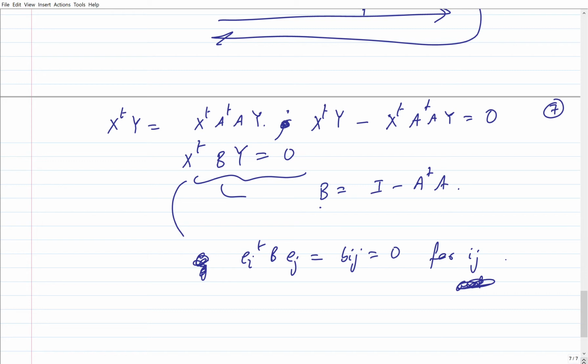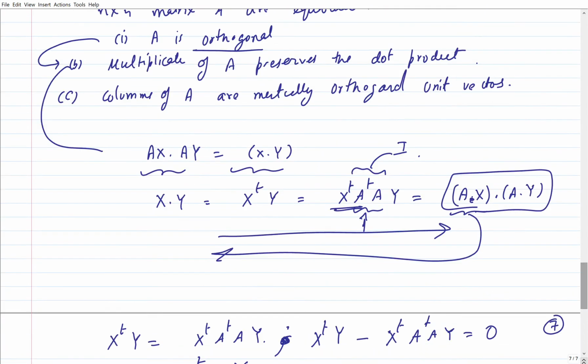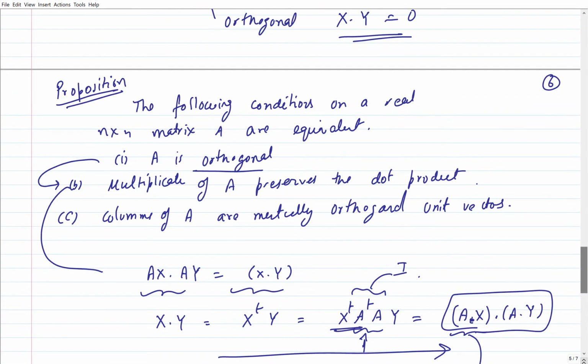This essentially means that B as a matrix is 0. So this proves the equivalence of A and B, that the matrix is orthogonal, it preserves the dot product. Something that preserves the dot product is an orthogonal matrix.